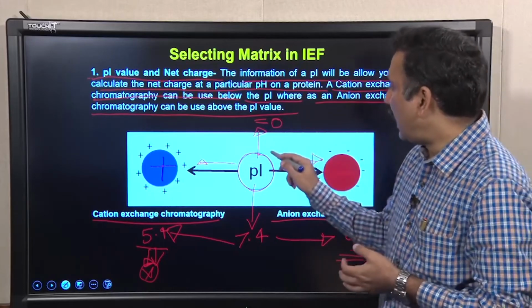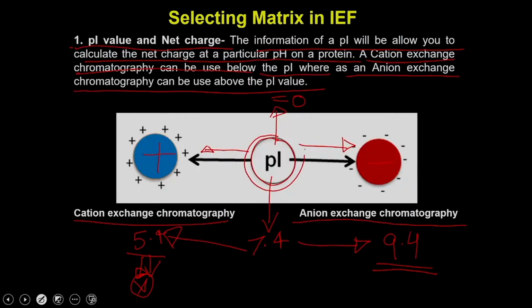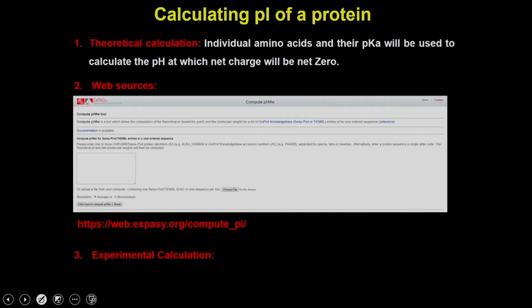So, now the question is how you can determine the pI of a particular protein, or the isoelectric point of the protein. There are multiple ways by which you can calculate the isoelectric point of a protein.